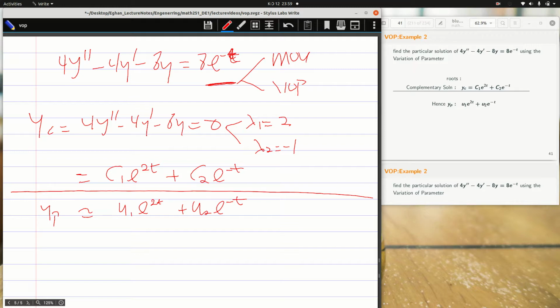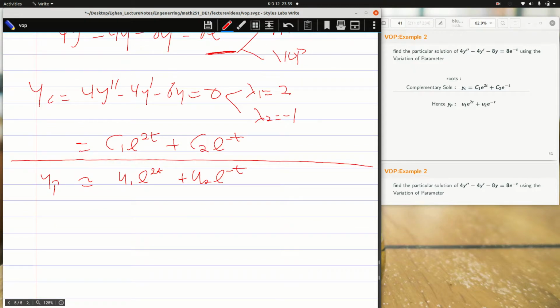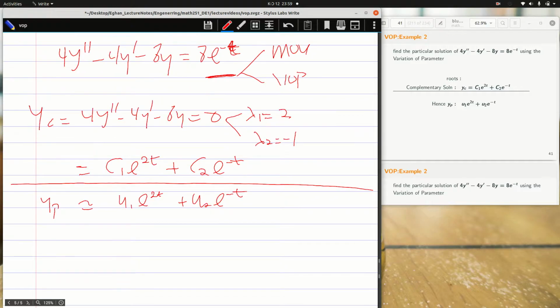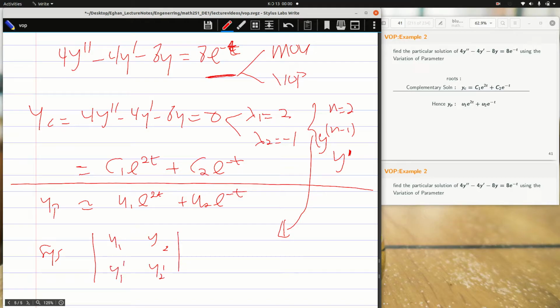Now the question is, how do I get my system? Again, the highest order here is 2 from the question. N minus 1 derivative times. It means I just have to find the first derivative for my system. The system should be the y1, y2, and then its first derivative, such that I have u1 prime, u2 prime equal to, the first term is 0. The last term always takes the gt over a. So let's do the substitution quickly.